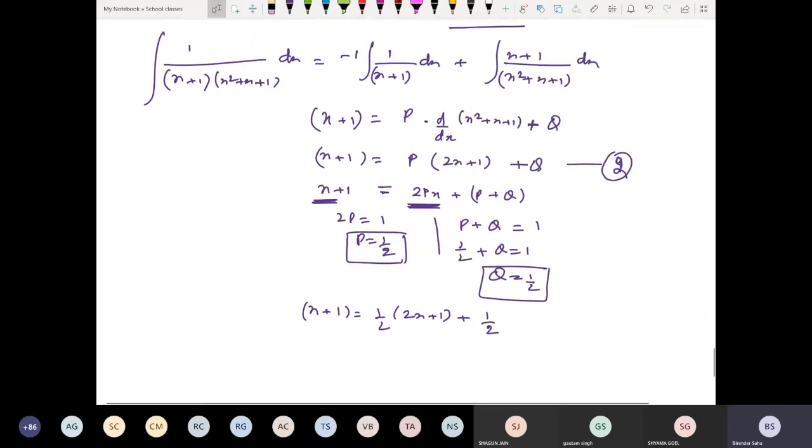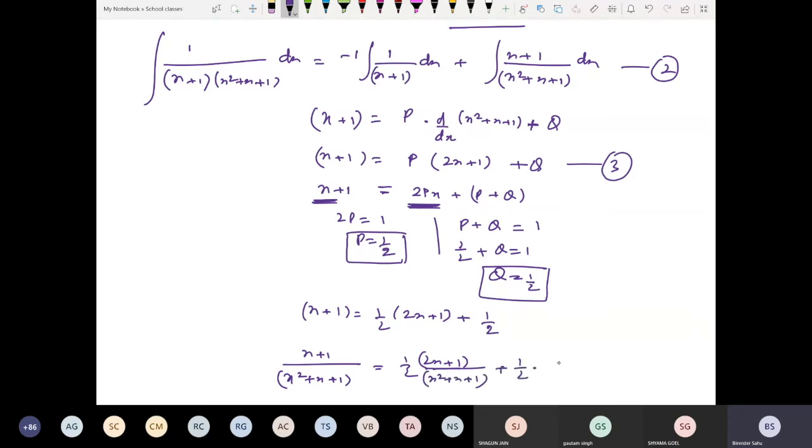Now what to do? See, we should make here 2. Now dividing both sides by x square plus x plus 1: x plus 1 over x square plus x plus 1 equals to half of 2x plus 1 over x square plus x plus 1 plus half of 1 over x square plus x plus 1.